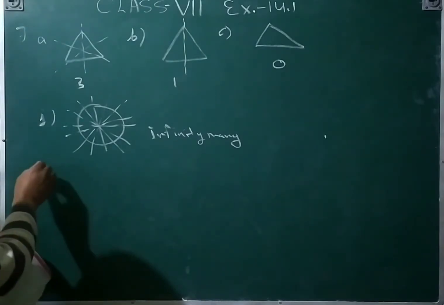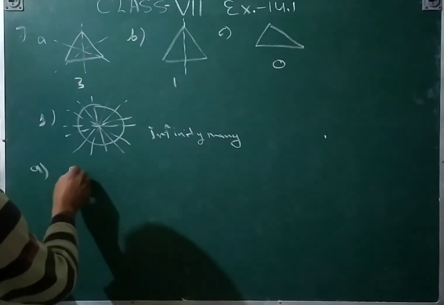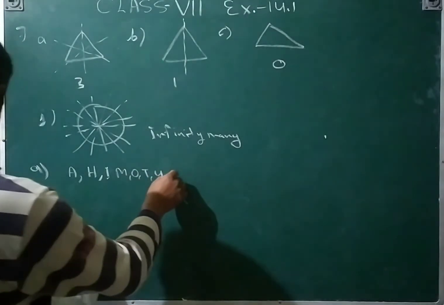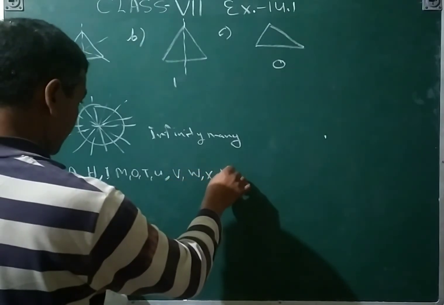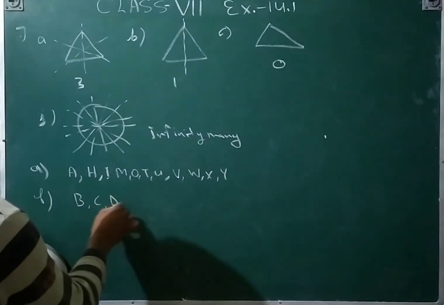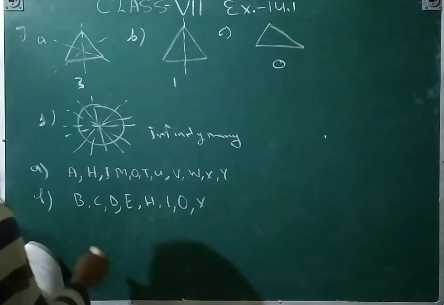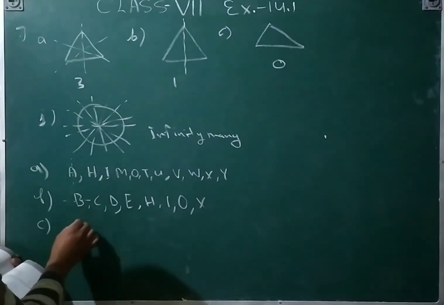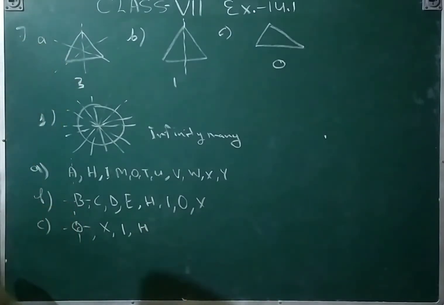A vertical mirror, vertical means like this line, that will be A, H, I, M, O, T, U, V, W, X, Y. And then horizontal, that will be only B, C, D, E, H, I, O, X. Vertical means like this, horizontal means like this, and then both, that will be O, X, I, H. It means this one also like this, this one also like this will become. Okay.